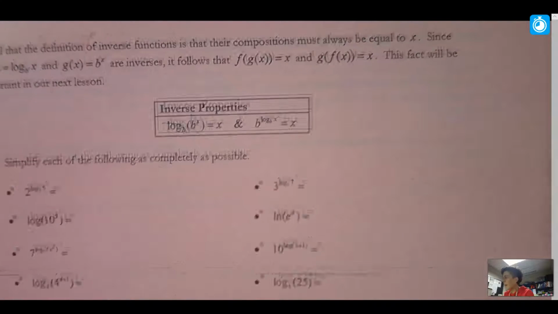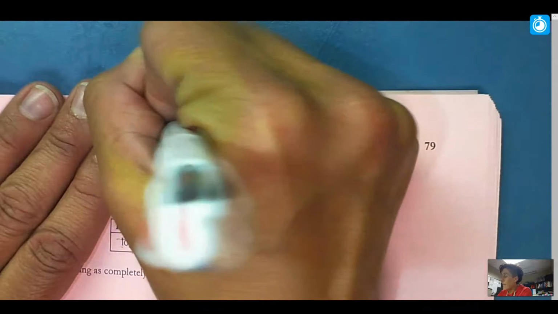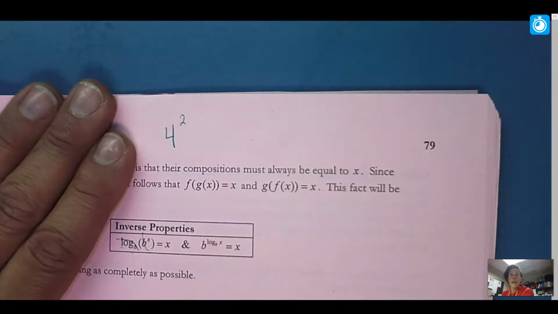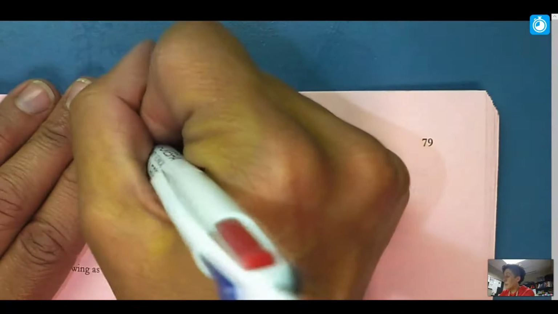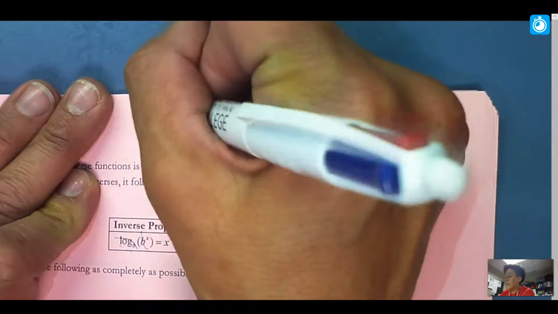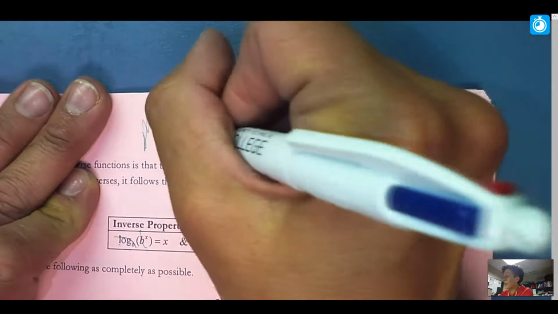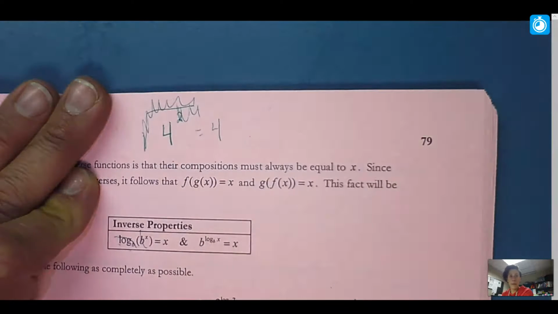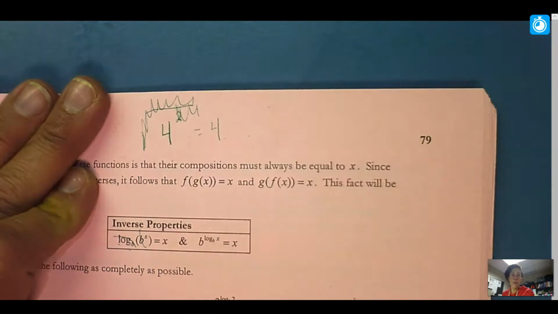You would have seen that in something like this. If I have 4 to the second power, if I want to undo a squared, I would square root, and this square root would cancel out the 2, and what I'm left with is 4. I hope that makes sense, because 4 squared is 16 and the square root of 16 is 4.